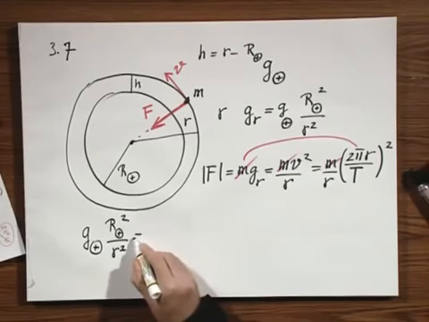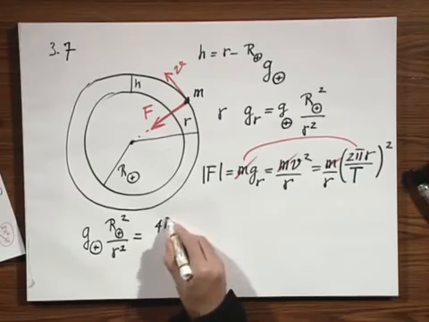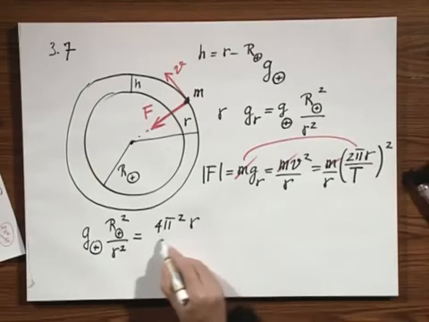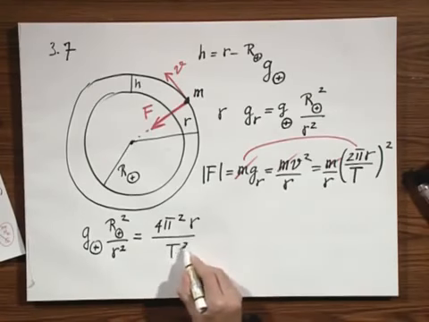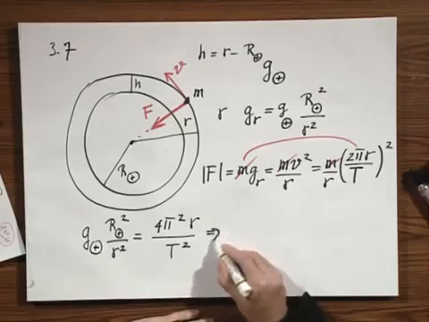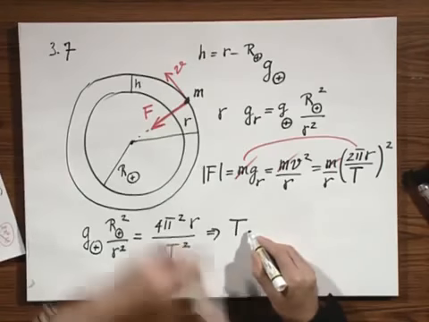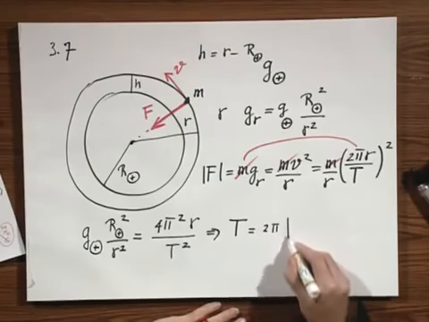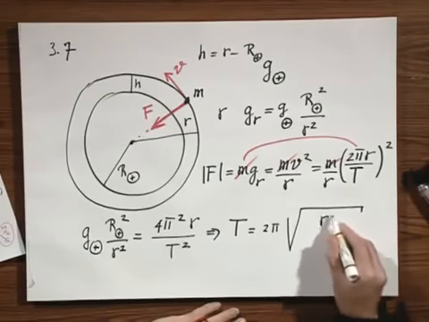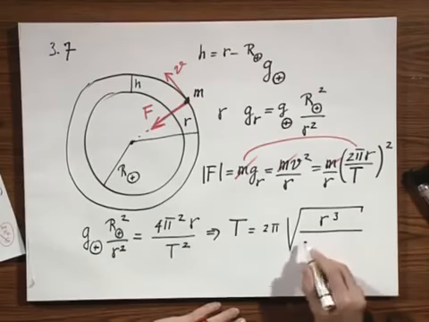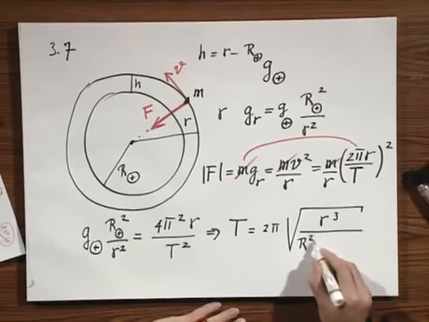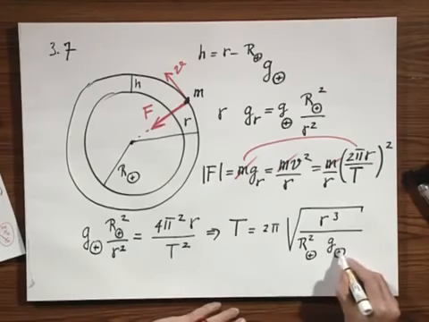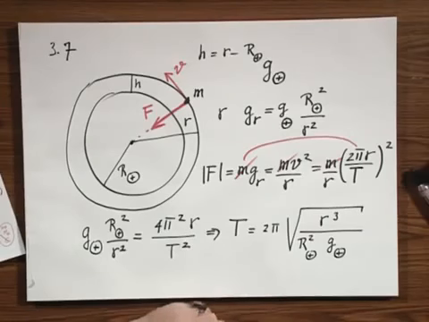That now equals 4 pi squared. This r eats up one r here, so I end up with only one r divided by T squared, and out pops the orbital period of this satellite, which equals 2 pi times the square root of r cubed divided by the radius of the Earth squared times the gravitational acceleration as measured at the Earth.